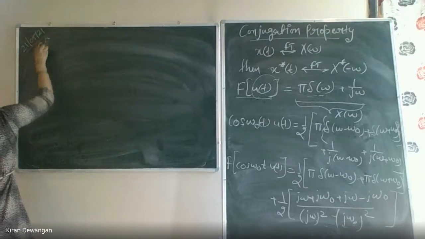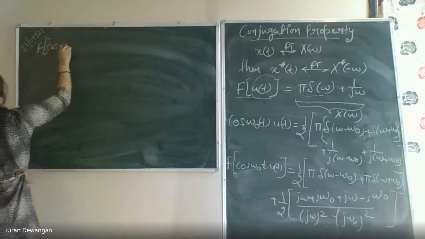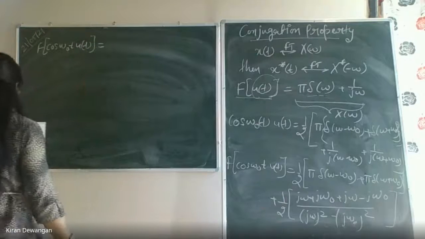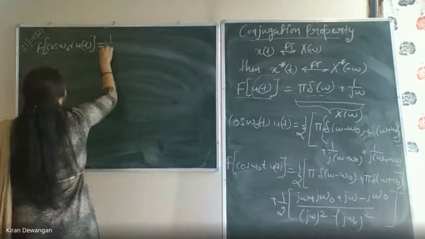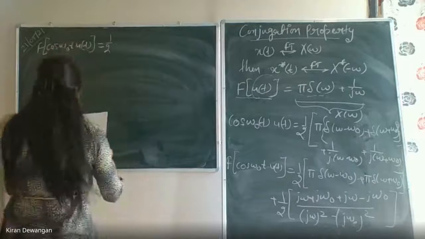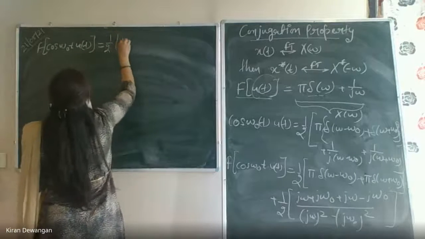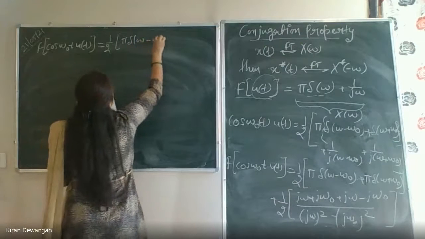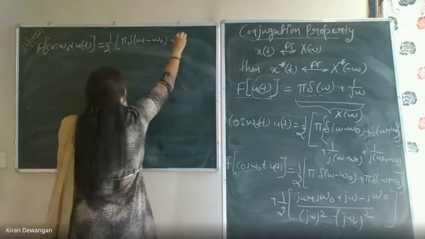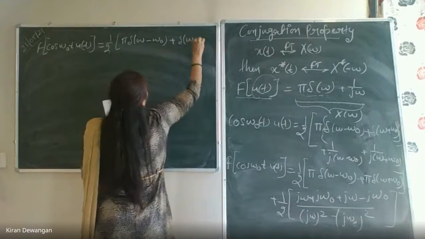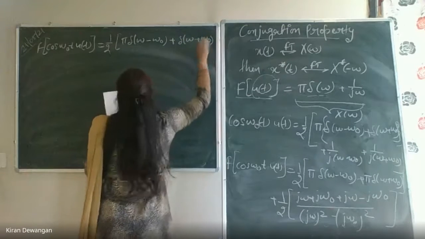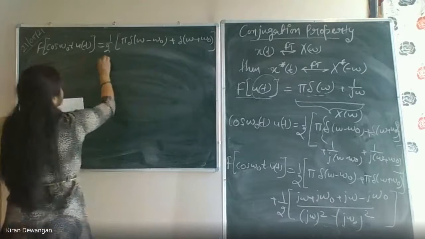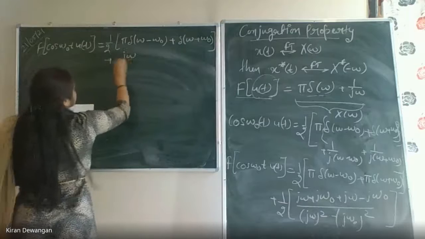So this is how it will be, and then finally when you solve this, the Fourier transform of cos of omega naught t u(t) is going to be 1 by 2. Inside it will be pi delta omega minus omega naught plus delta omega plus omega naught. So this part remains as it is, and this will be plus j omega.